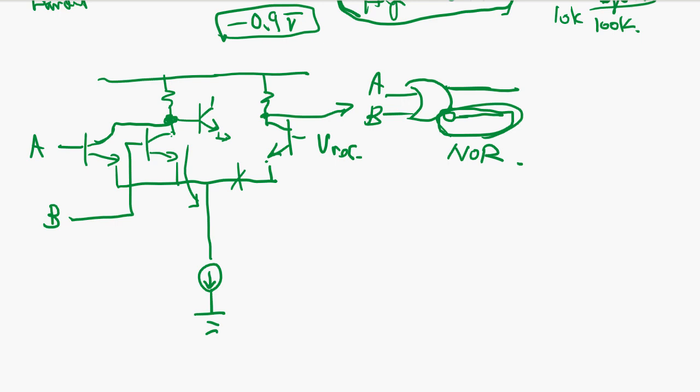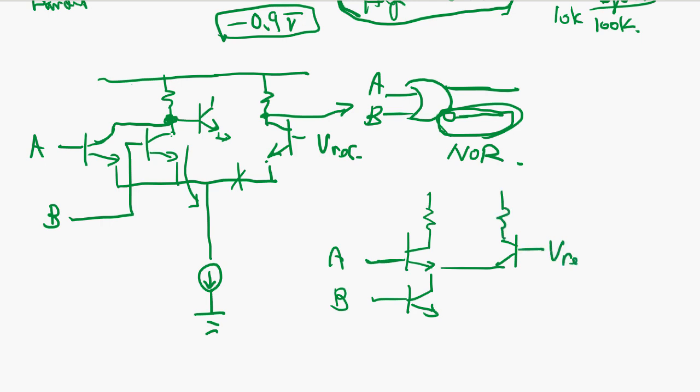Now when you have enough voltage, like 5 volt between, you can have a cascaded transistor, just like CMOS, right? The A, B, and you have a cascaded V reference and another emitter couple here, and this is tied to the collector dot here.